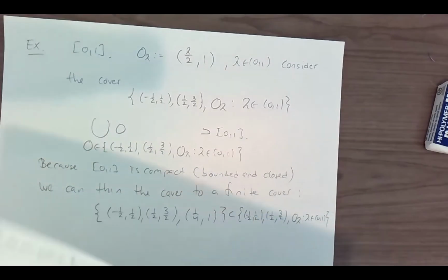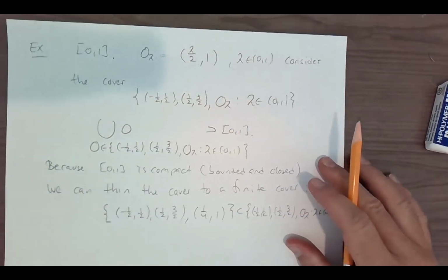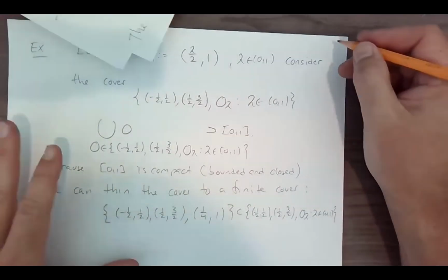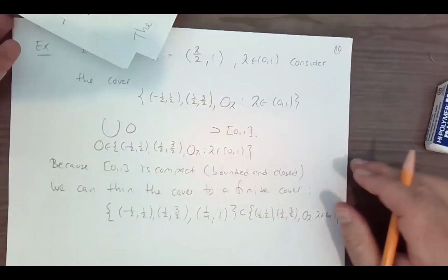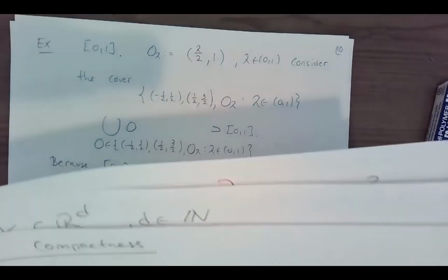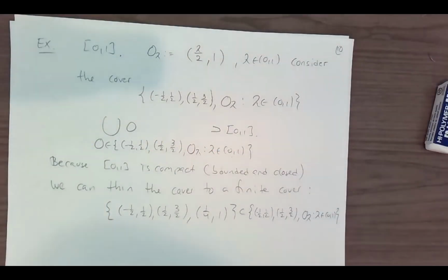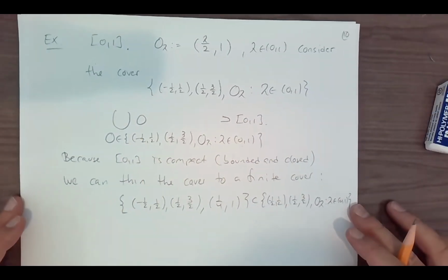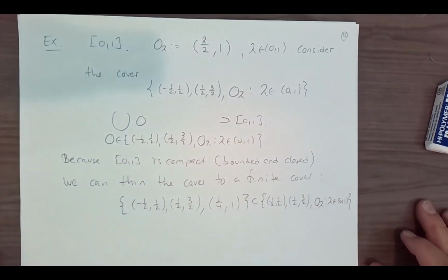So this doesn't prove that it's compact, right? This is something that has to be true. Otherwise, there's a problem with the Heine-Borel theorem. The first argument shows that we cannot have compactness because we found a subcover that we couldn't thin. Here we're just illustrating that we can thin out a specific cover to a finite one.